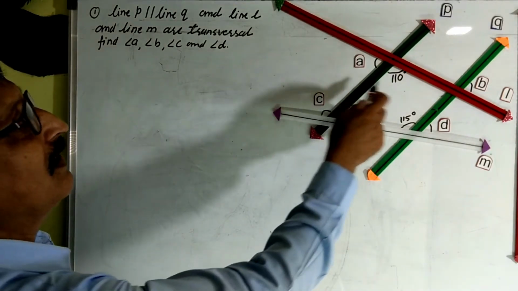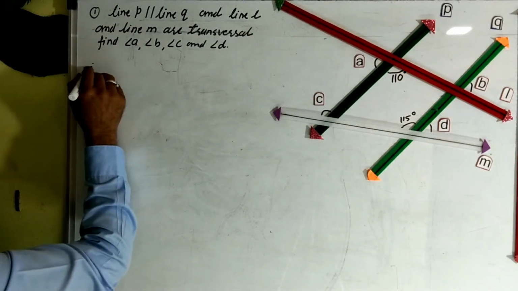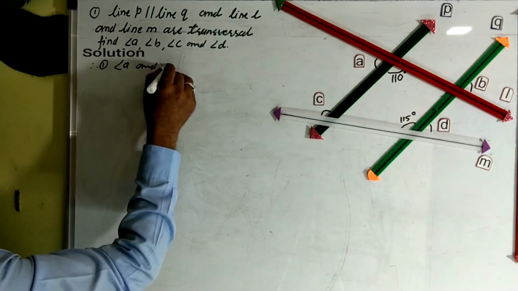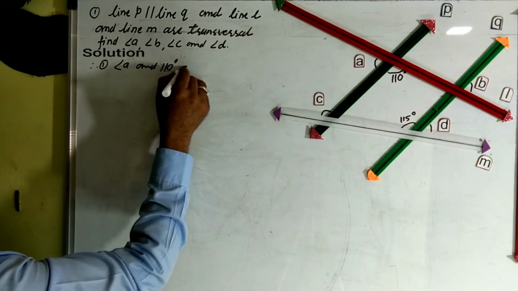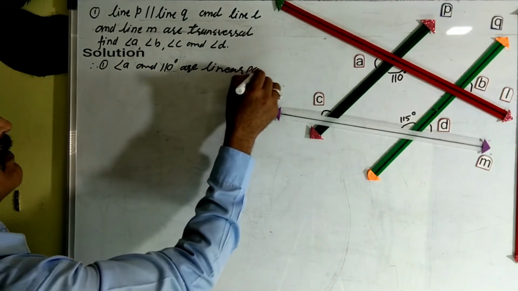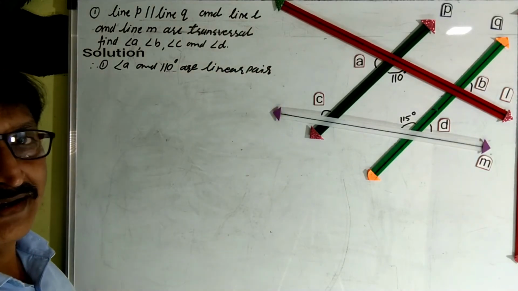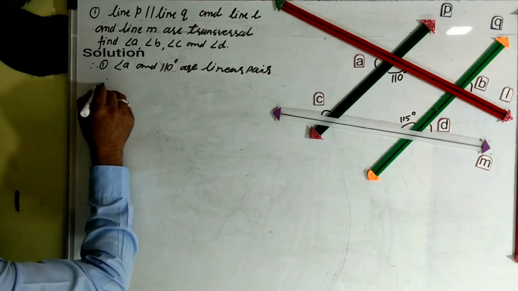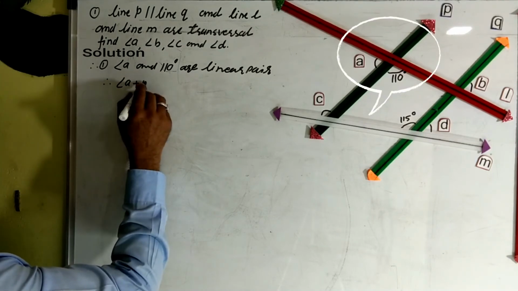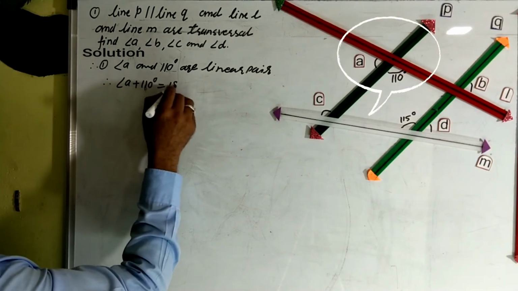Yes, they are a linear pair, and therefore number 1 you can write here angle A and 110 are a linear pair, and you know the sum of a linear pair is 180 degree, and therefore you can write here angle A plus 110 is equal to 180 degree.